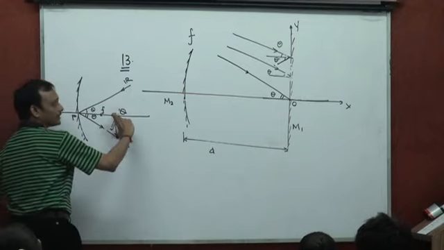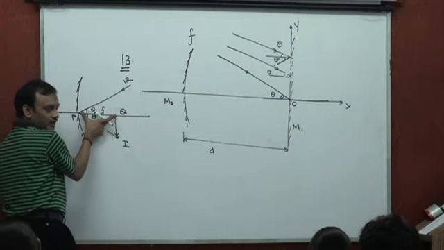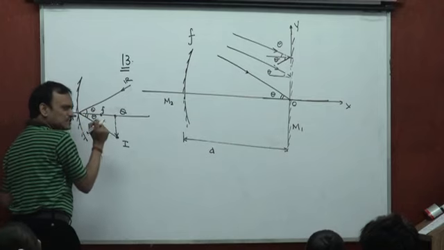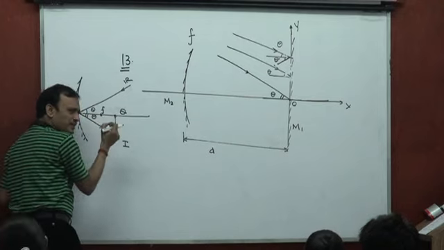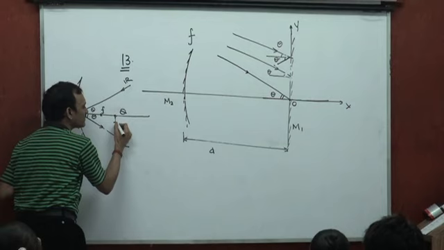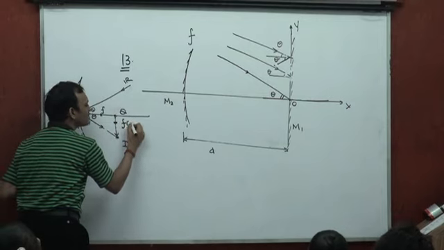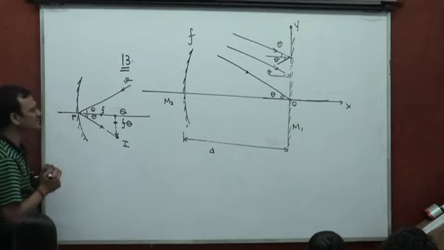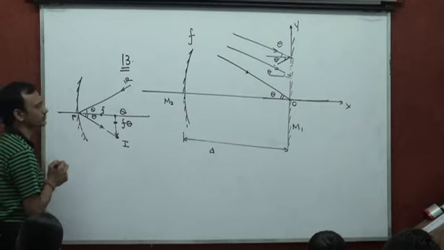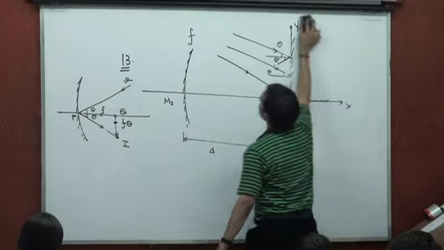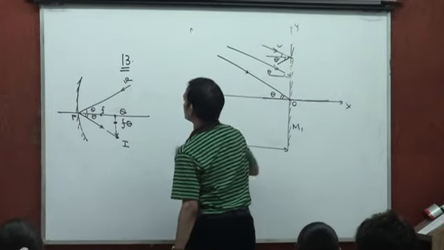Now, realize that Qi would be F tan theta, but theta is small and in radians, so tan theta can be replaced by theta. So this length is F theta.